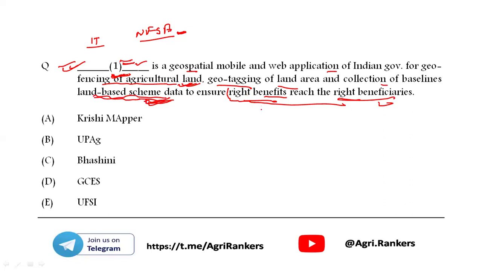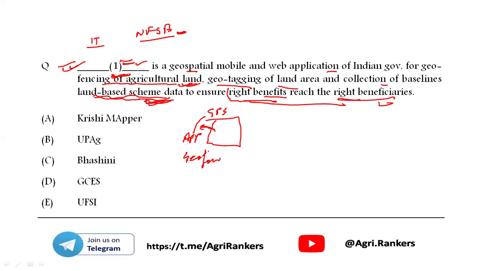So here what happens? An official will come to your field. Suppose this is your field. The official will come with a mobile in his hand and he will open this particular app, and using GPS technology, he will first geotag your land and also geofence.